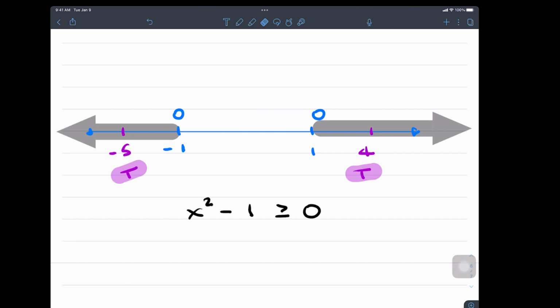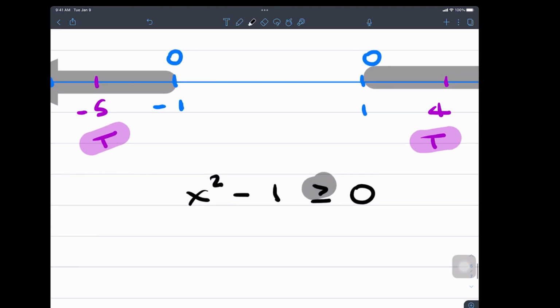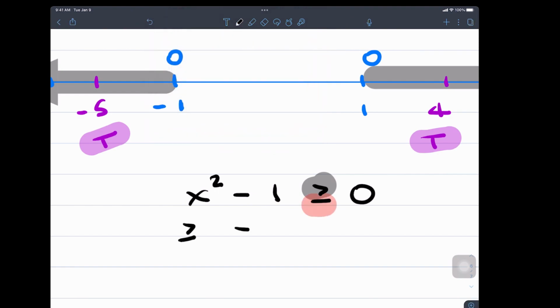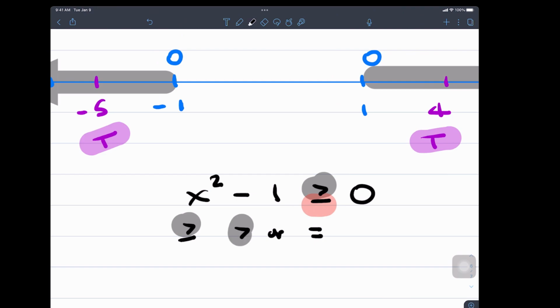This was the greater than portion right here. What do you think this portion means, down here? Equal, because that sign means greater than or equal to. This is the greater than portion, and this is the equal portion. That's the meaning of the sign.